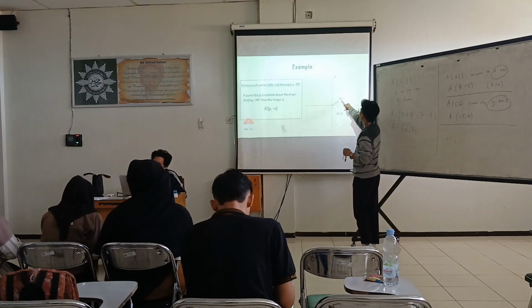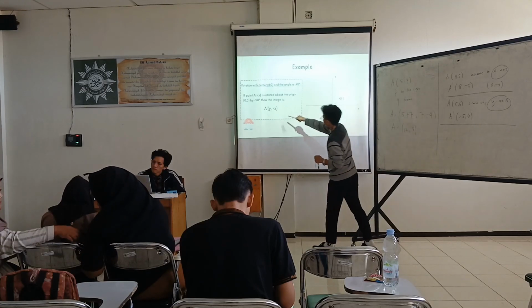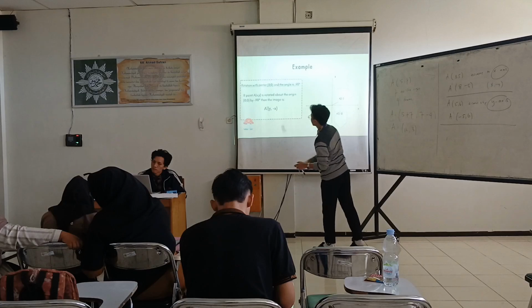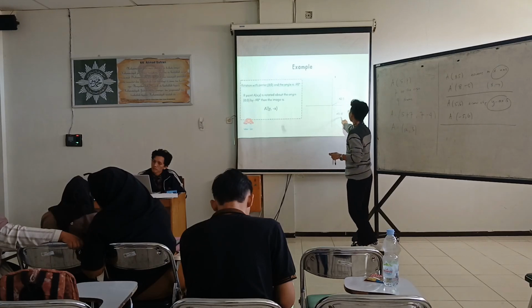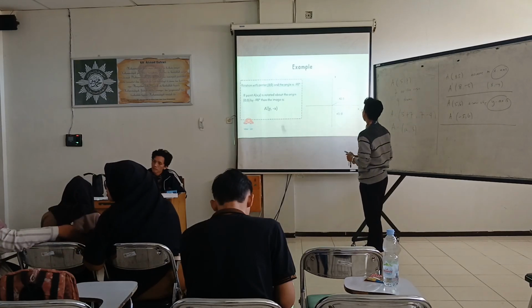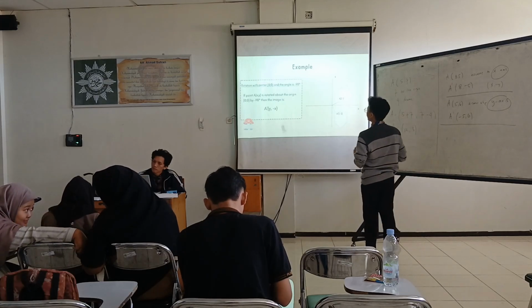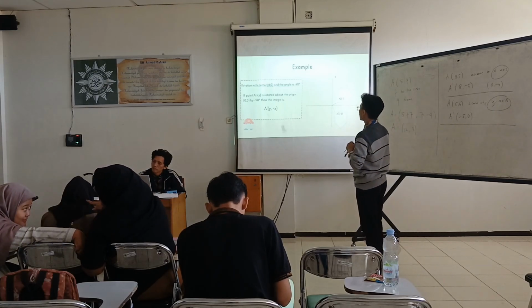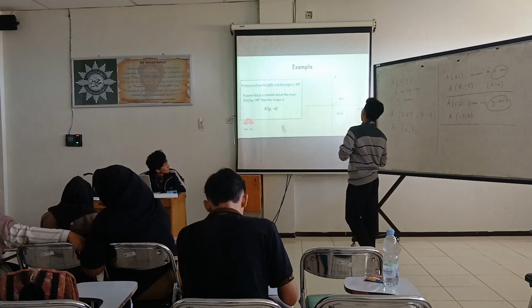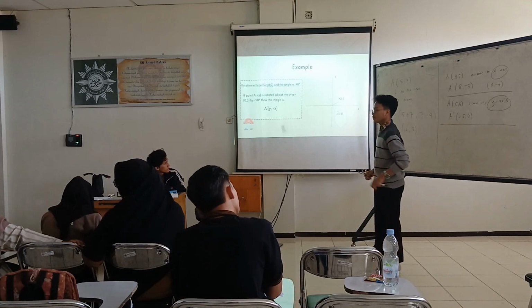The first point we have is (2, 1), so for A' we have (1, -2). So this is the picture after we have the rotation with center (0,0) and the angle is -90.